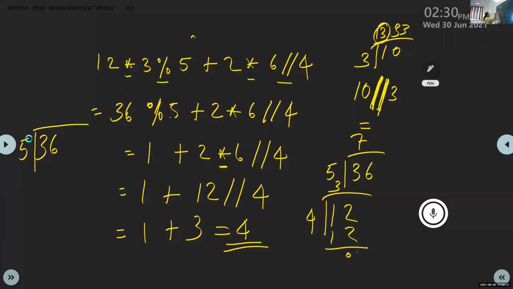What is the quotient, Sahan? 7. So 7 into 5 is 35. The remainder is 1. That remainder is placed here. Okay, ma'am.